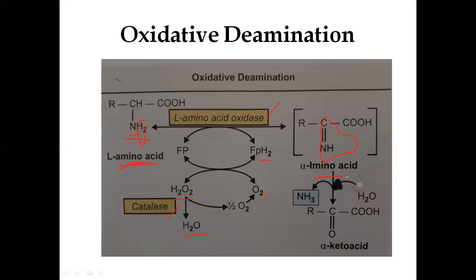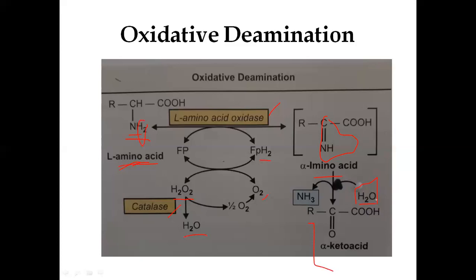Now this amino acid combines with a molecule of water, and it decomposes the corresponding amino acid by removal of the NH in the form of NH3, and results in the formation of alpha keto acid.